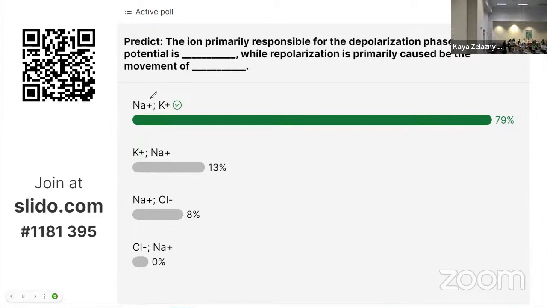And in order to get back down to rest, in order to repolarize, we're going to open potassium channels to pull us back down towards those negative numbers, towards that equilibrium potential for potassium, although we don't get quite all the way there. Okay, so that's based on the directions that we've just set up. We understand why they want to go those directions based on their electrochemical driving forces.